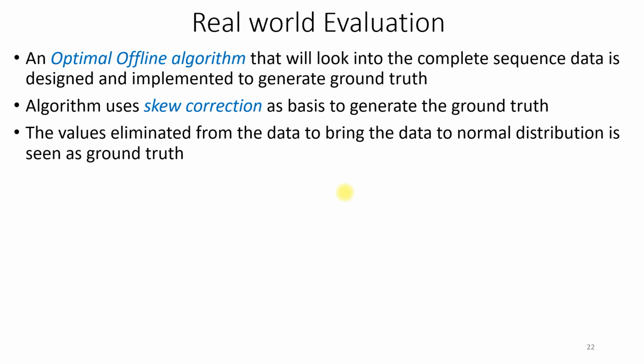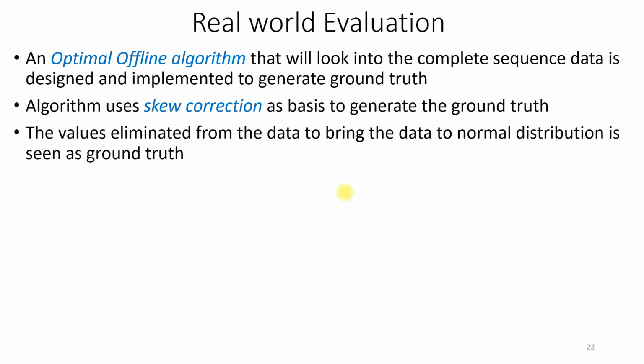An optimal offline algorithm is used to evaluate the real world applications, where an optimal offline algorithm will look into the complete sequence of the data to generate the ground truth, and it uses skew correction as the basis.